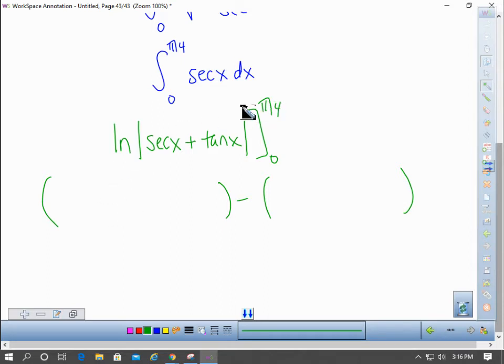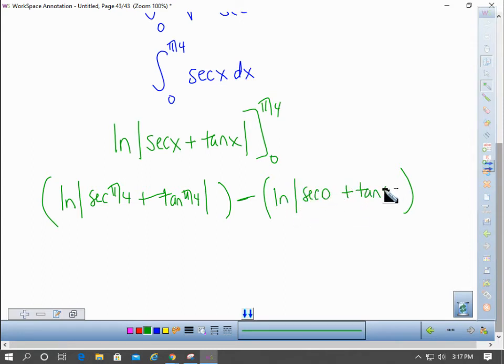So I'm going to plug in the top number first. So I'm going to do the natural log of the secant of pi over 4 plus the tangent of pi over 4. And then minus, and then I'm going to plug in the 0. So then I'm going to do the natural log of the secant of 0 plus the tangent of 0. And so now I need my unit circle to figure out what these answers are.